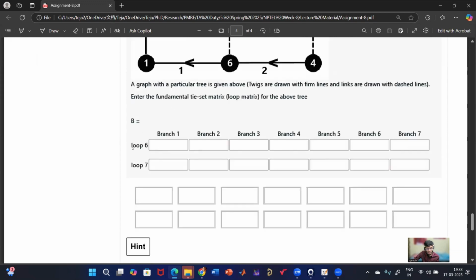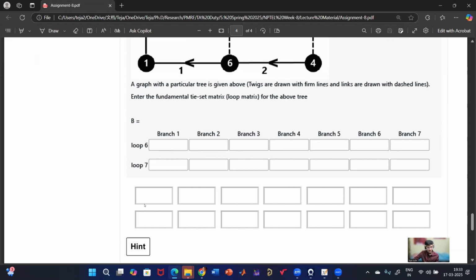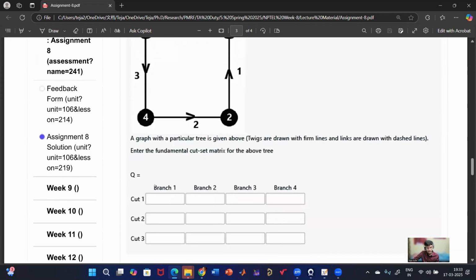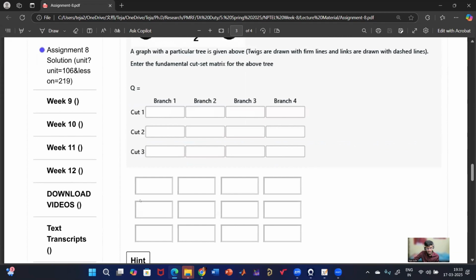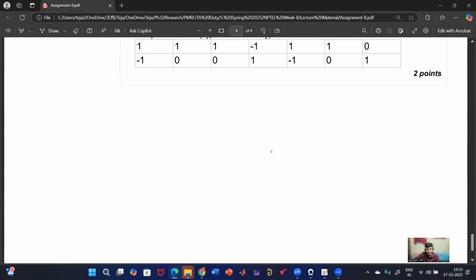These two are questions. That's why this color is different. Similarly here, this is the question, this is the answer. Because how will I know which loop is on the top? Loop 7 can be top, loop 6 can be bottom, right? So that's why they have mentioned loop 6 is on the top, loop 7 is on the bottom, and these are branch 1, 2, and 7. So first you have to apply KCL in loop 6, then KVL in loop 6, followed by KVL in loop 7. Is that clear?